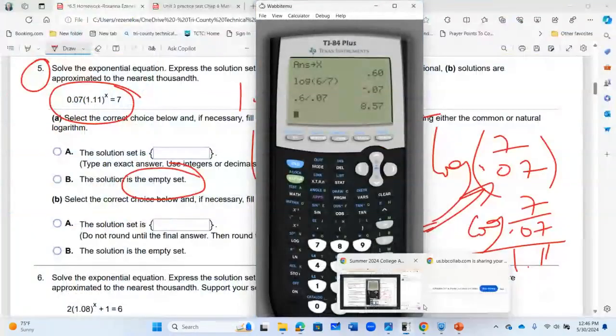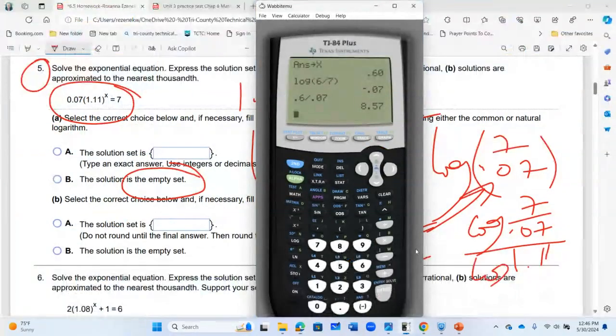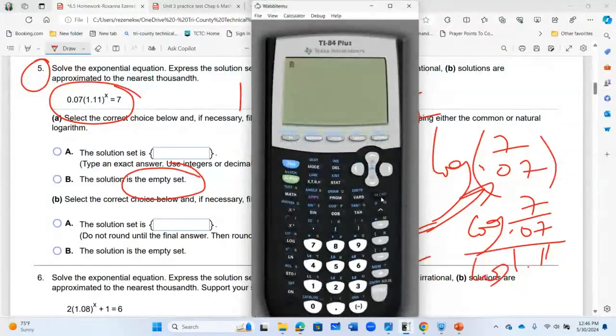So you have to do some manipulations before you put it in your calculator. The numerator says log of 7 divided by 0.07. So let me get that in. Log 7 divided by 0.07, and I can close that parenthesis and hit enter and get the answer.